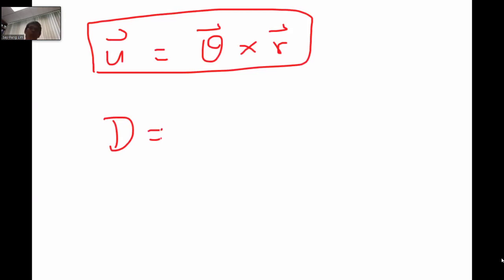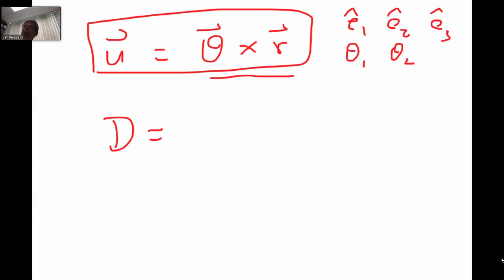Okay, now in doing so, you will find that this is a cross product. So you have e1, e2, e3, theta 1, theta 2, theta 3. Those are the XYZ components of theta, right? And then you've got x, y, z if you want.